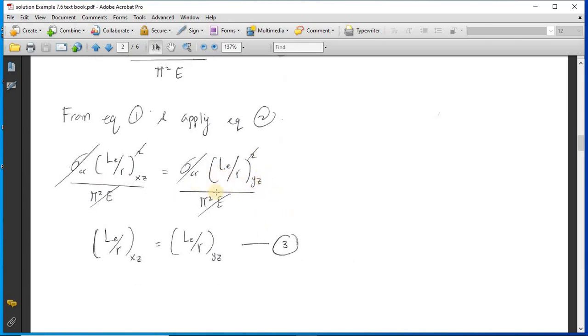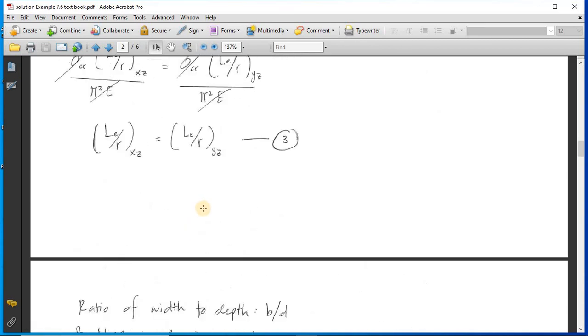Simplifying these equations, you will get the third equation, where the slenderness ratio in the XZ plane is equal to the slenderness ratio in the YZ plane, because we know from the lecture that LE over R is referred to as the slenderness ratio.